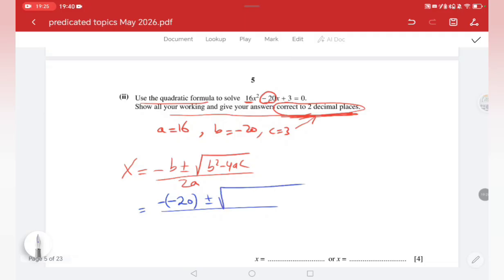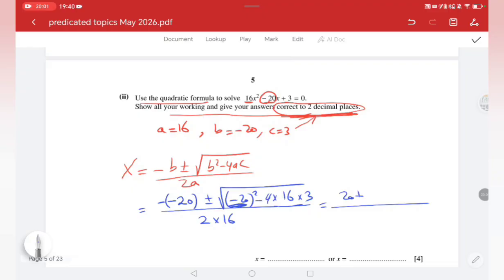Take care about this also. This is a popular mistake. For b squared, please put minus 20 in brackets, so the answer will be positive. Some students don't put it in brackets, and that leads to a mistake at the end, a negative number under the root. If you have a negative number under the root, you should know that you didn't square properly. You made it negative, not positive. So take care. And 4a times c, a is 16 times c, which is 3, divided by 2a, and a is 16.